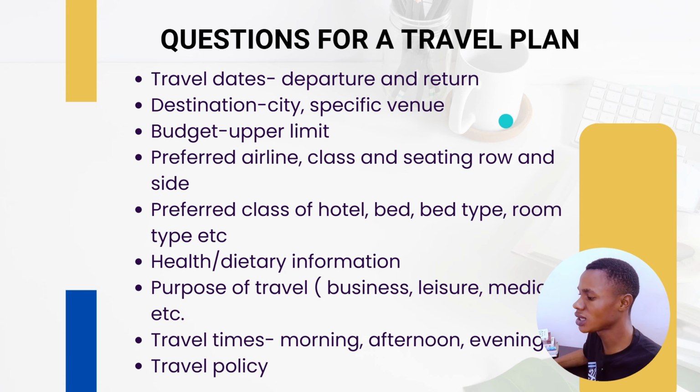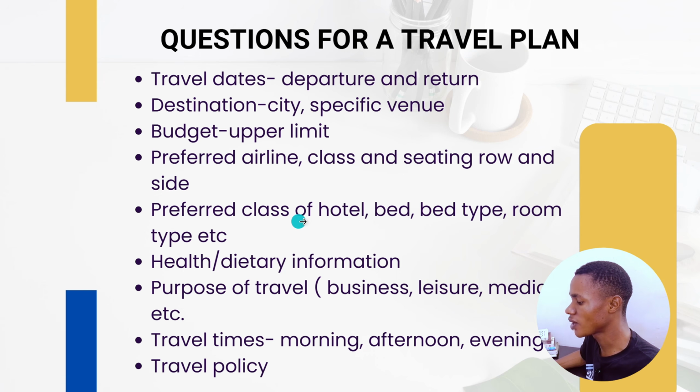So you need questions like travel date: when does he want to travel, the departure, when he is traveling and when he's returning, the destination, the city, the specific venue, how much does he have to cater for that particular journey, the preferred airline he likely uses, the class, either economy and all of that, where does he like to sit, whether in the window side, in the middle, the front, the back, and all of that, so that you can be able to help in booking reservations for him or her.